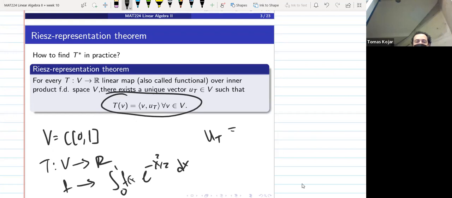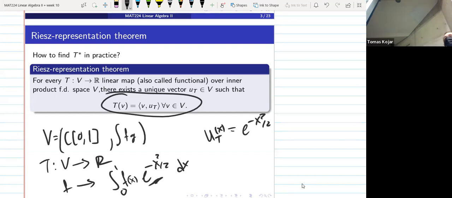Who's my representative? So this is the Gaussian. We take V with the L2 inner product. I just want to see if you follow definitions.